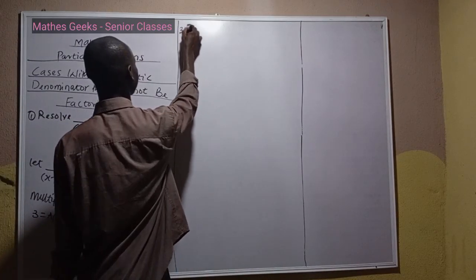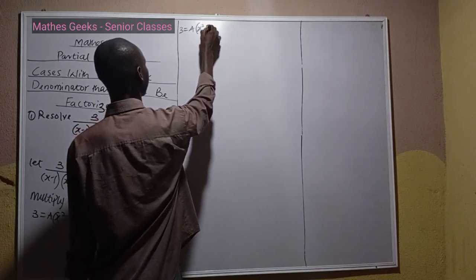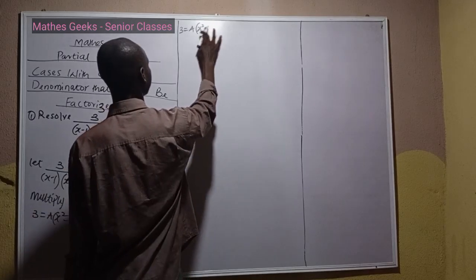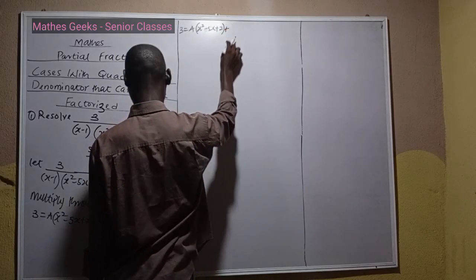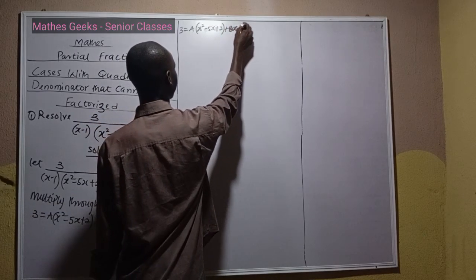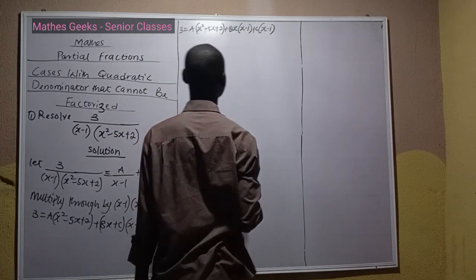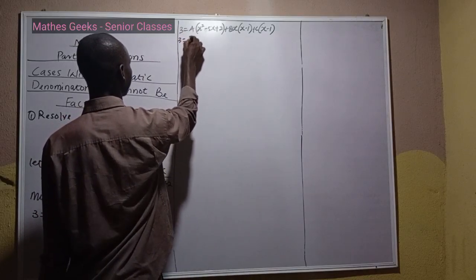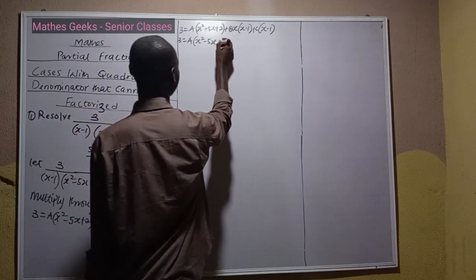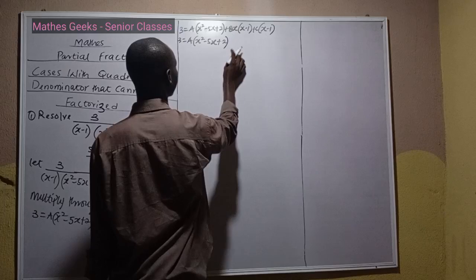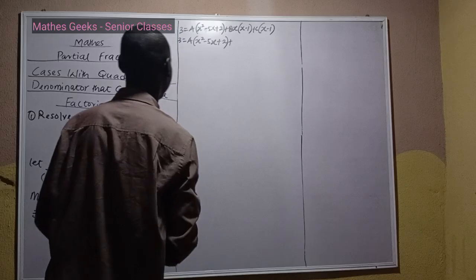So 3 equals a times x squared minus 5x plus 2, plus bx times x minus 1, plus c times x minus 1. Let's leave it like this for now.